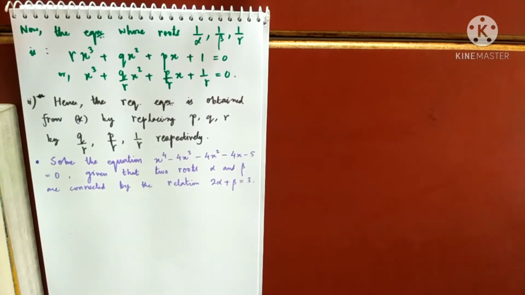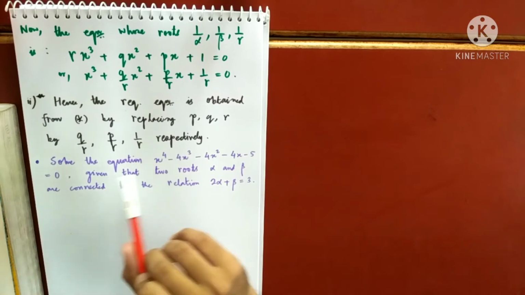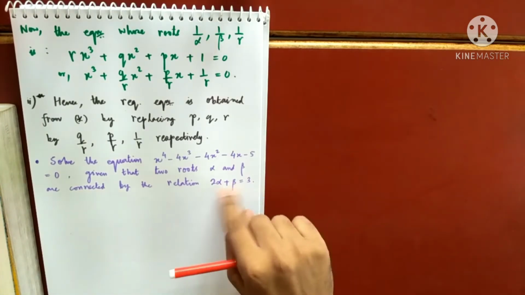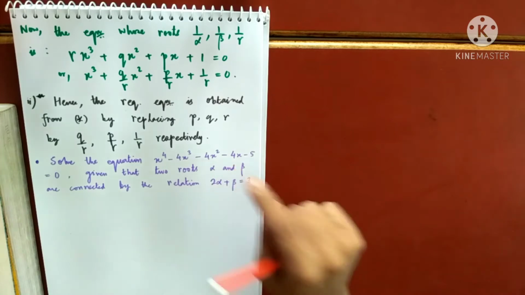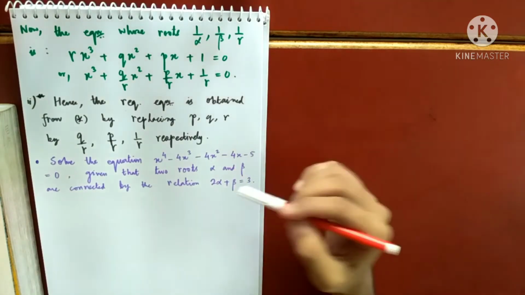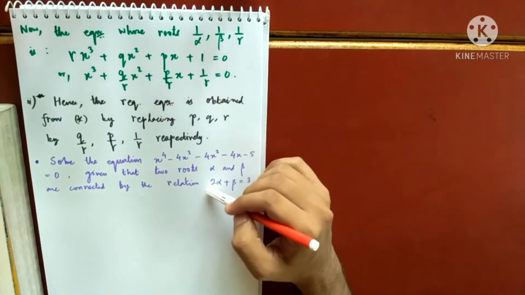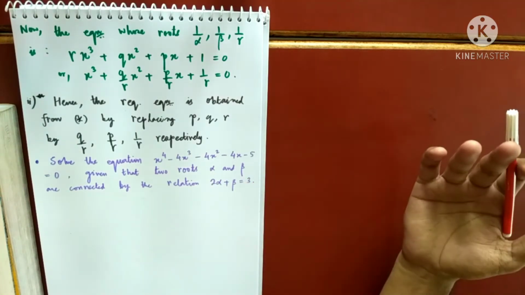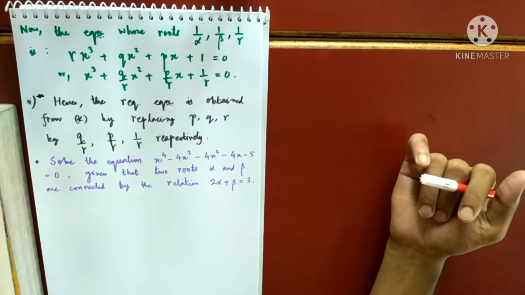See, what is the question? You have to solve this equation, but what hints have they given? Given that two roots alpha and beta are connected by this relation. So suppose this has roots alpha, beta, gamma, delta, and alpha and beta will satisfy this relation. You have to find the values of alpha, beta, gamma, and delta, basically. That is the meaning of solving the equation.